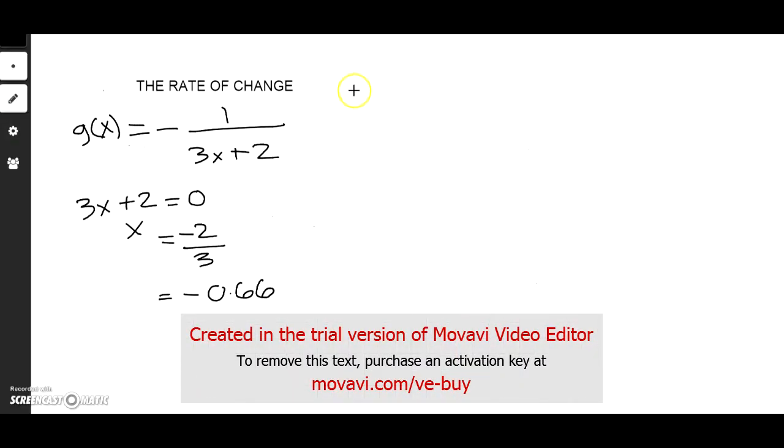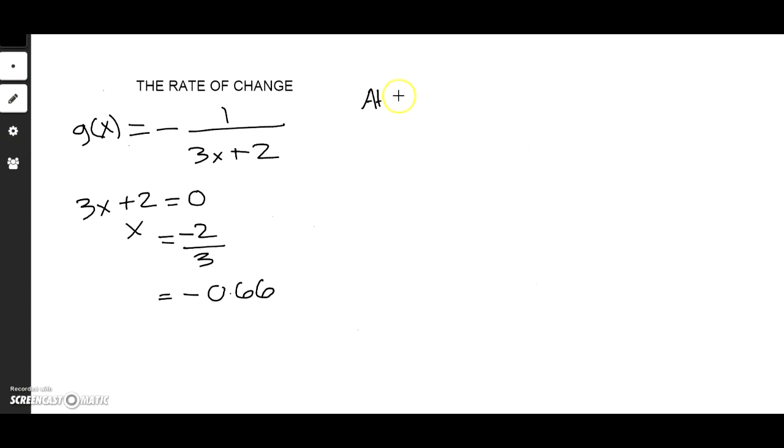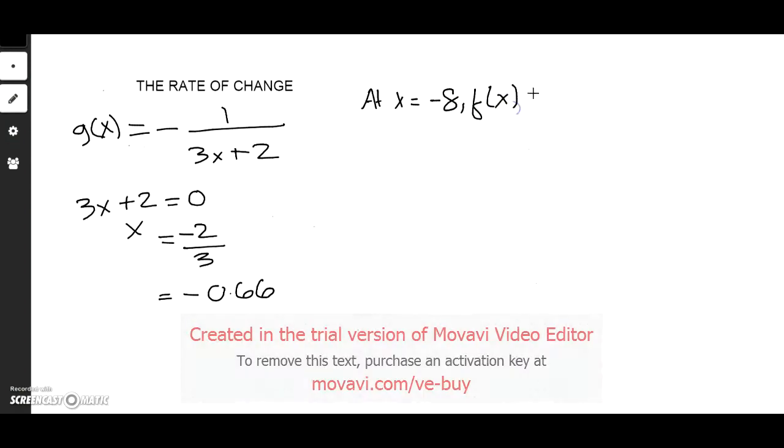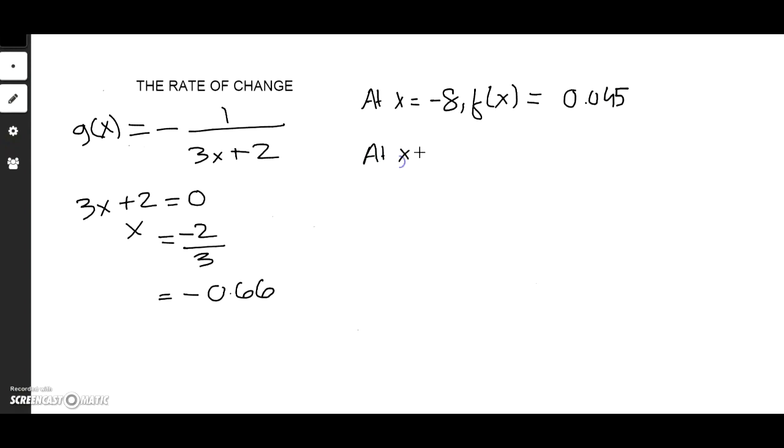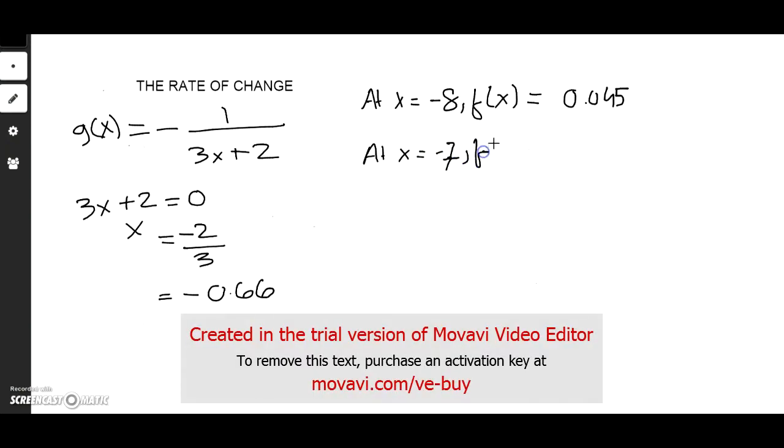Coming back, the values that we achieved were: at x equal to negative 8, f of x equal to 0.045. Again, at x equal to negative 7, f of x is equal to 0.053.